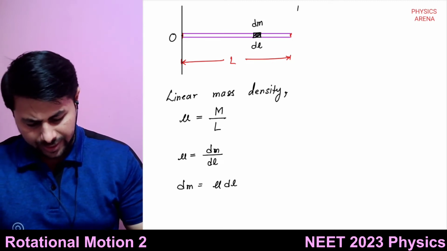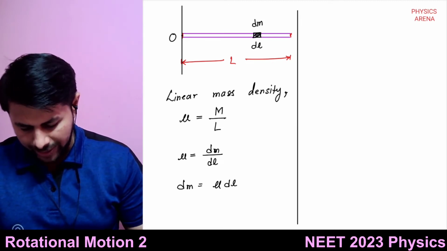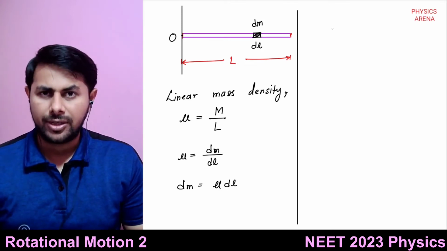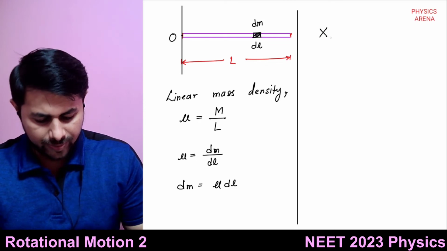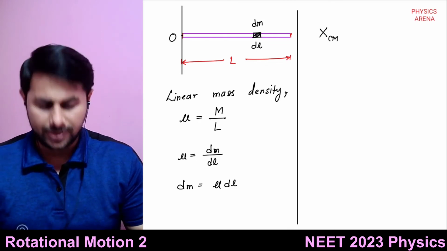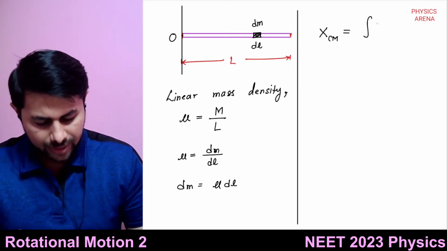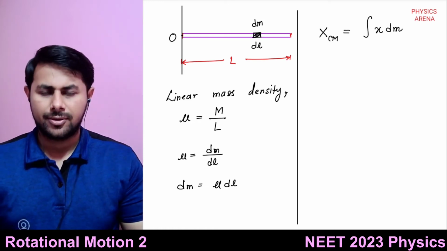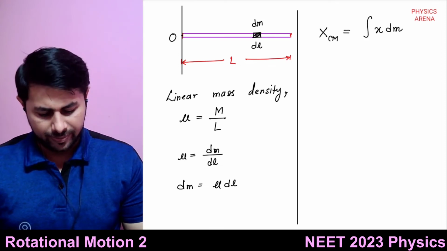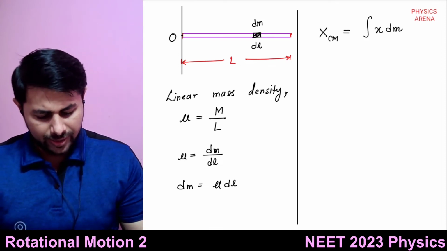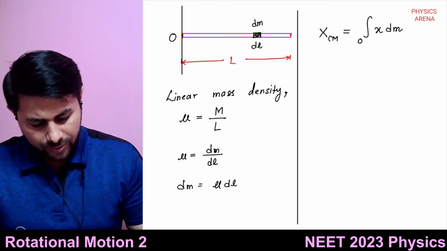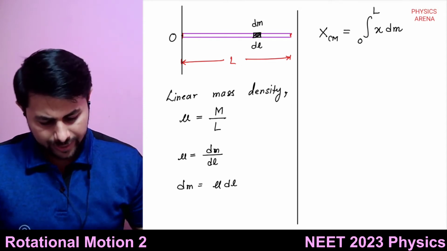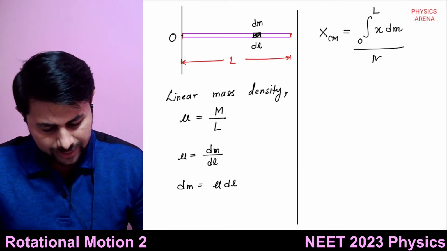Okay, and then how to find out the center of mass? Now there will be only one coordinate of the center of mass, the x coordinate. It is equal to the integral of x dm, from 0 to L, right? Divided by mass m.